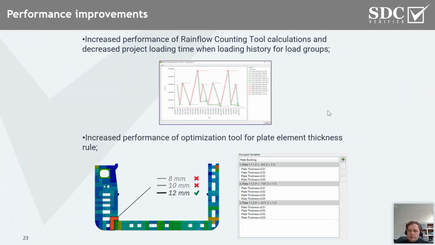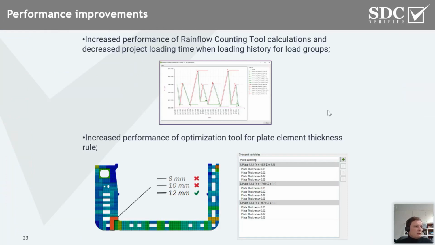So when you have the results and they are either over the allowable value or too low, and you understand that this is a misuse or overuse of the material, SDC Verifier helps you to pick the best design decision based on requirements of the standards.